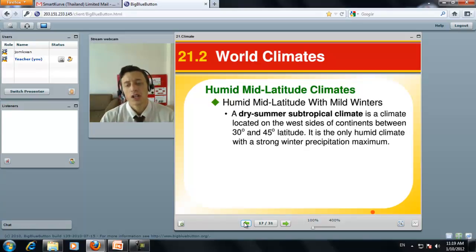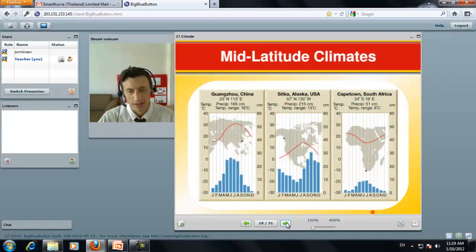Remember the example of Flagstaff back on slide 5. Flagstaff, we saw more precipitation in winter. Most parts of the earth get more precipitation, more rain in summer. But that dry summer subtropical climate, you get more precipitation in winter. We're going to look at 3 examples of this on the next slide.